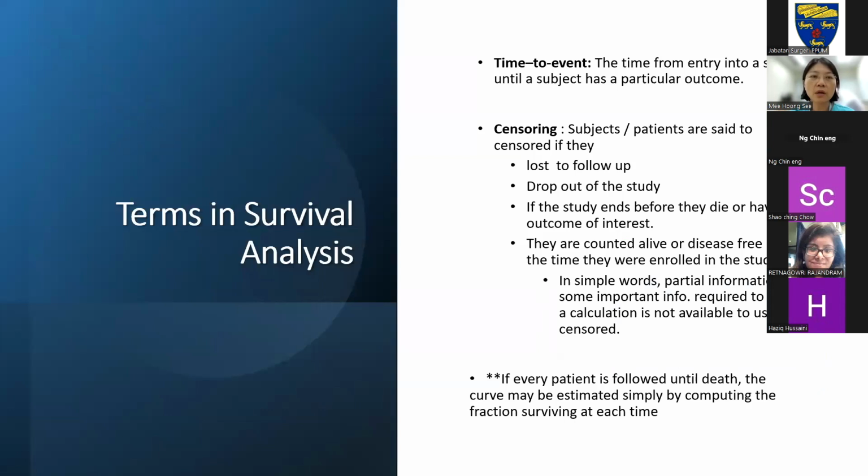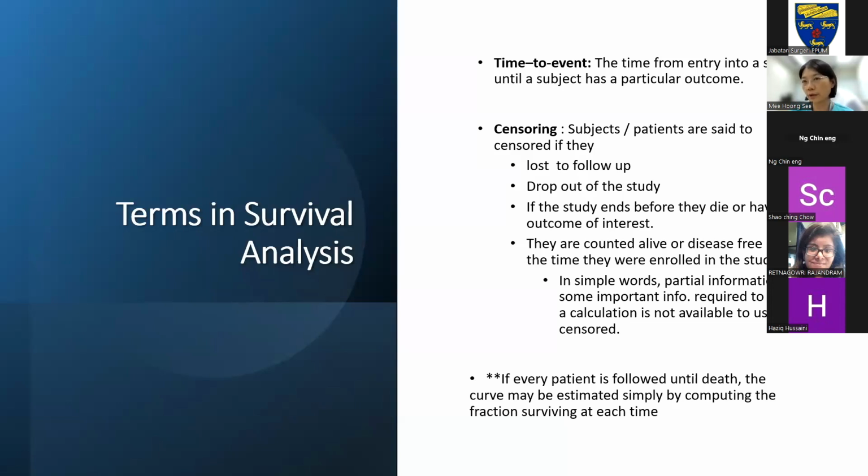The term survival analysis means we are looking at two things: time to event. So when we analyze the data, we need time, we need duration. How long is your follow-up from the time of diagnosis or the start of treatment until the event?